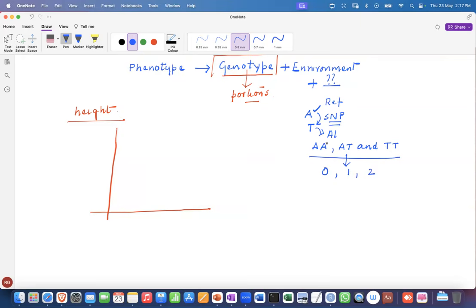What does it mean? How many alternate alleles are present in this genotype? The number is 0. How many alternate alleles are present in this particular genotype? It is 1. How many alternate alleles are present in this? It is 2. This denomination is very, very important in case of your GWAS and genomic selection, in terms of the alternate allele.